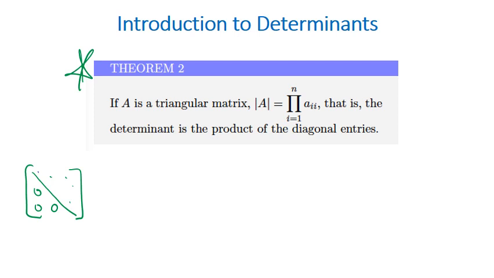So there would be 3 in a 3 by 3 matrix, 4 in a 4 by 4 matrix, and you would just find the product of those entries. Okay, and that is the determinant.